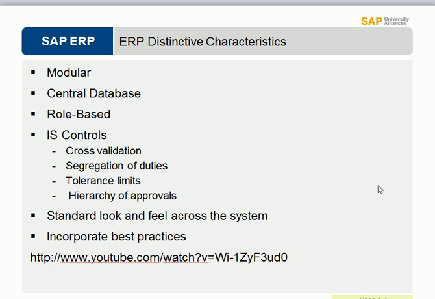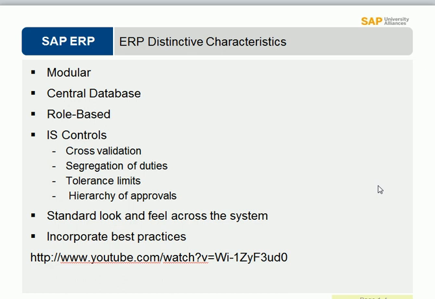Checks and balances. You are making sure that the end result is consistent with the starting point. That's cross-validation, that you are validating the data entered across the business process.